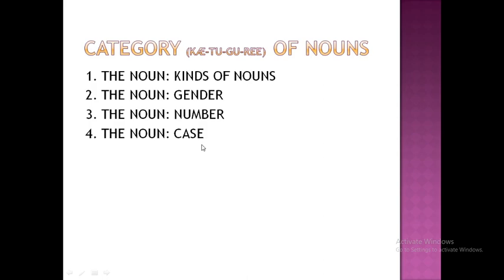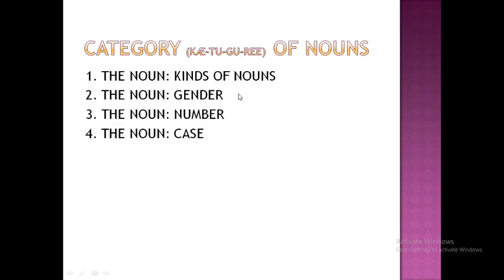I'm sure some of you are very clear about the kinds of noun, because this is something which was taught to us very deeply and effectively by the teachers of our childhood, of our schooling. So kinds of noun is quite clear, but what is gender? I'm giving just a bit of understanding of these categories.